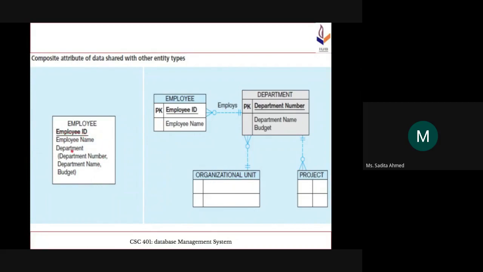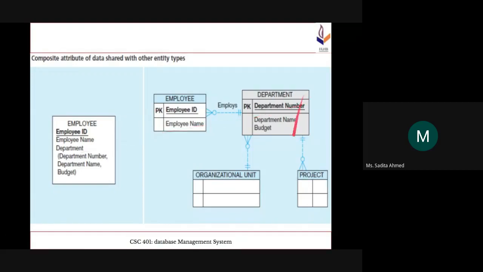In Employee, I keep department as an attribute: department number, name, budget. However, this is not really an efficient design. Why is that? Because what happens when we need this department information for other relationships or in association with other entities?